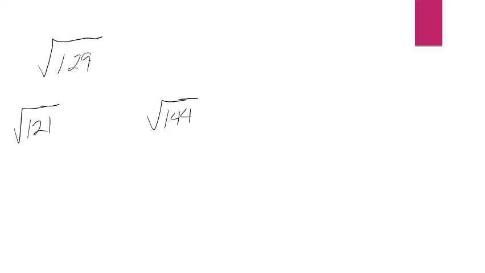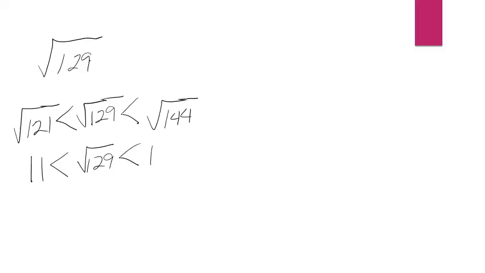So what we say is the square root of 121 is less than the square root of 129, which is less than the square root of 144, or we could also say that 11 is less than the square root of 129, which is less than 12. So we know that the square root of 129 comes somewhere between 11 and 12.